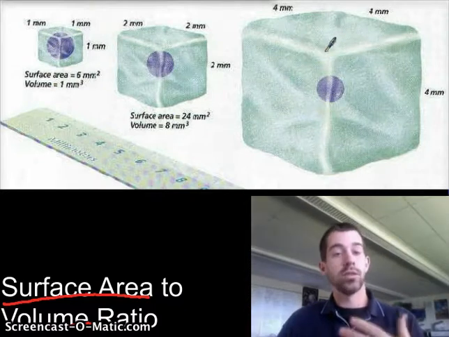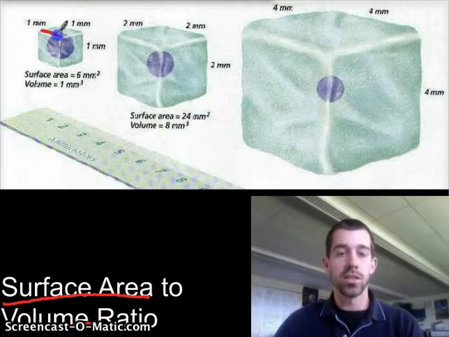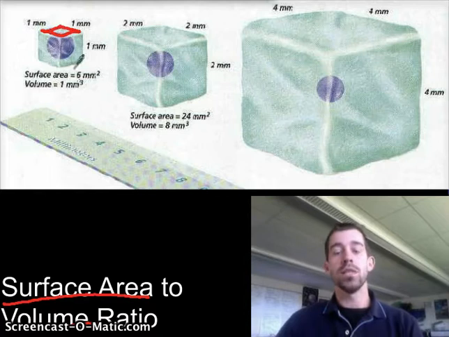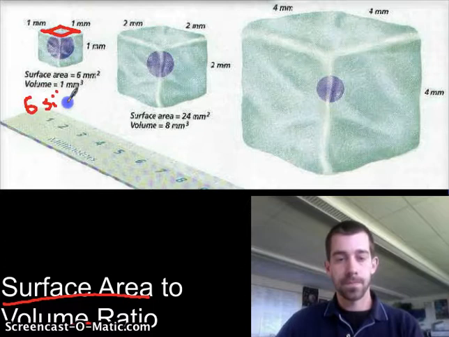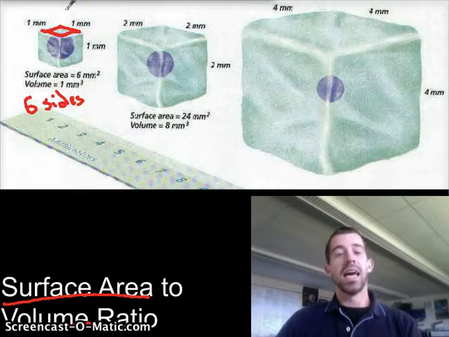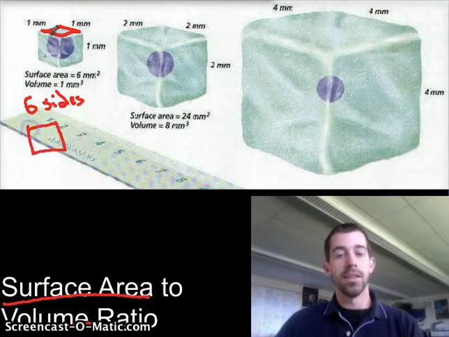first calculate the surface area. So you calculate the area. And you'll notice that each of these is a cubic cell. So each cube is going to have 1, 2, 3, 4, 5, 6 sides. And each side is a square. And now this one shows you that this is a square that's 1 millimeter.